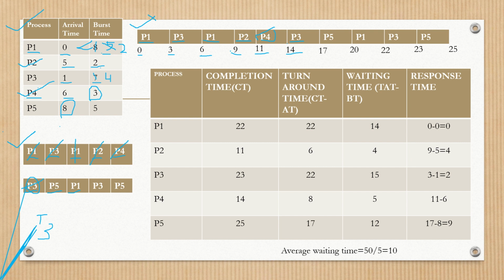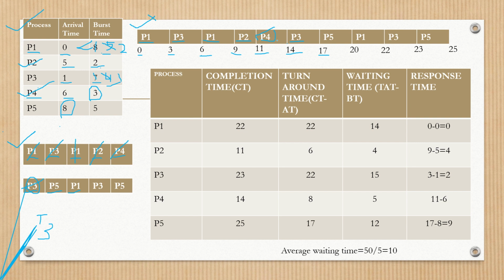It will execute 3 more units because our time quantum is 3. So 14 plus 3, 17, till 17 P3 will execute. Here the burst time of process P3 is 4, so we can execute only 3, right? So the pending burst time for P3 is 1.